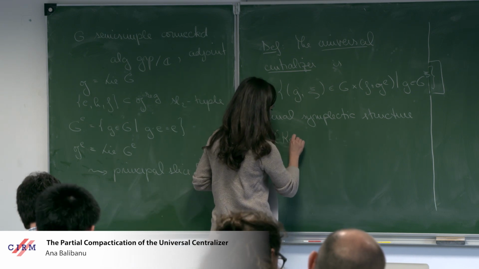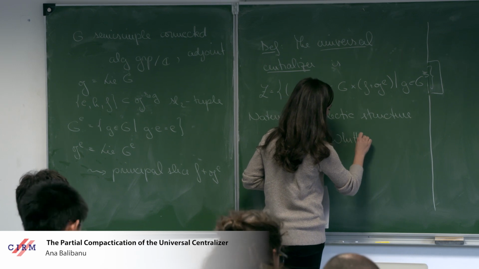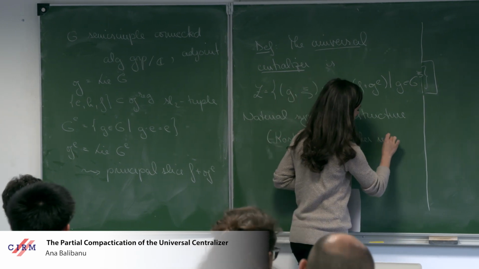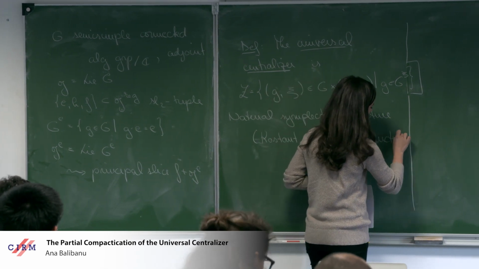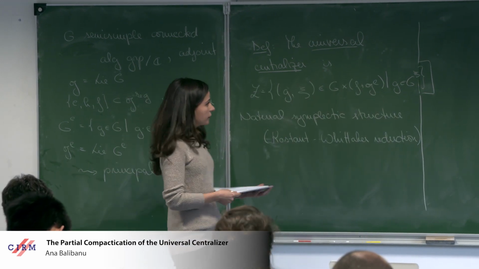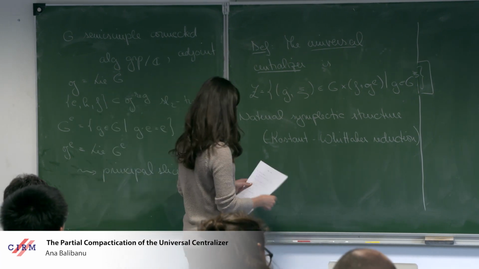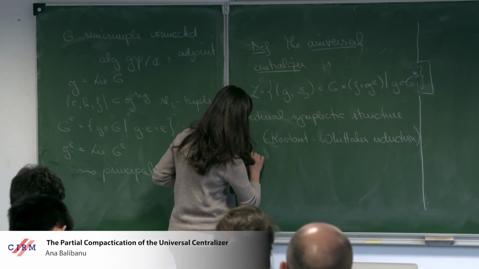So call the construction Kostant-Whittaker reduction. And this is going to be a Hamiltonian reduction from the cotangent bundle of G. So I'll fix a couple more items of notation.